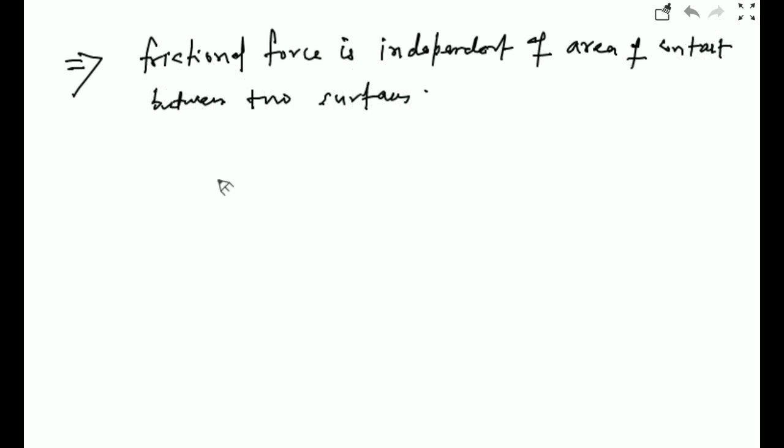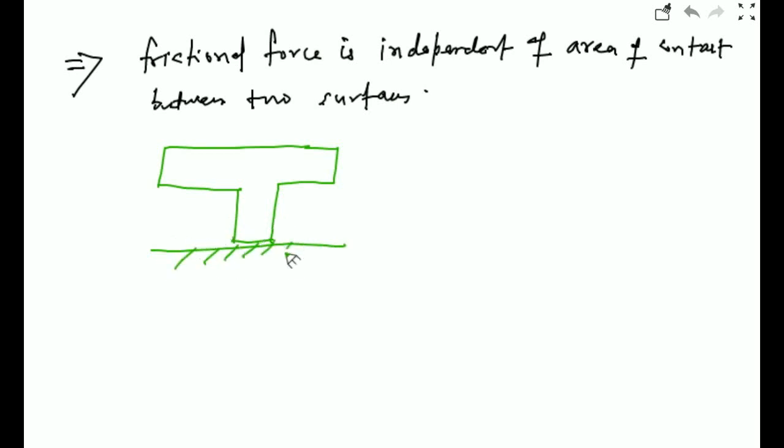See, suppose I draw two cases here. In the first case, you have a block on a surface with friction, and the mass is given as m. In the other one, the contact area is more, and this is also mass m.